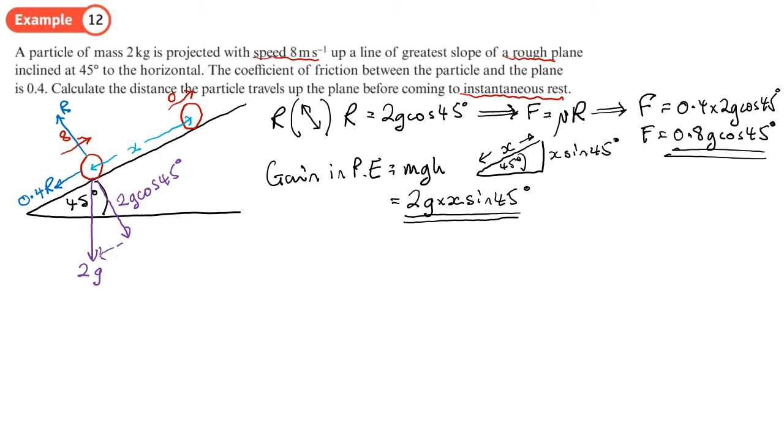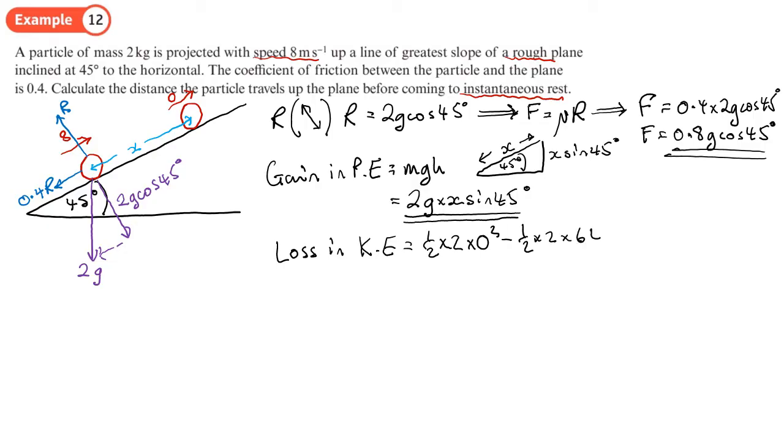But because it's gone from 8 to 0 and its speed has gone down, that means there's been a loss in kinetic energy, and that loss is going to be half mv squared minus half m u squared.